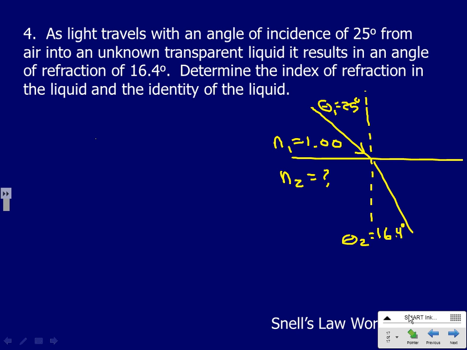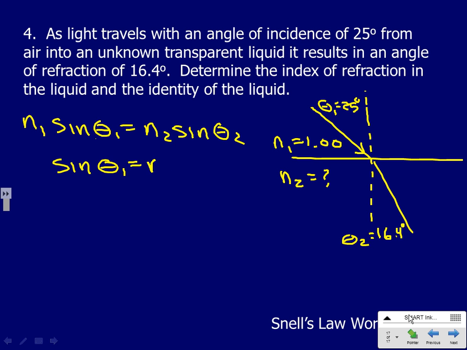Theta 2. N1 sine theta 1 equals N2 sine theta 2. Now, with N1 being 1 because it's in air, I could write it down like this: sine theta 1 equals N2 sine theta 2.